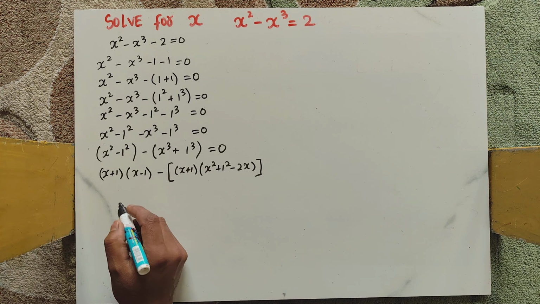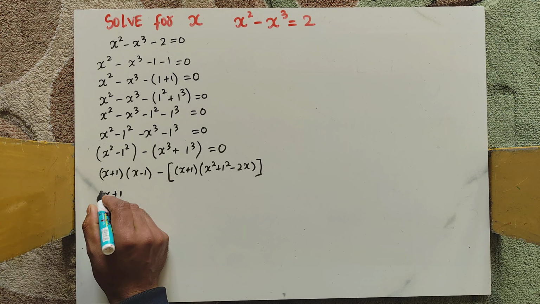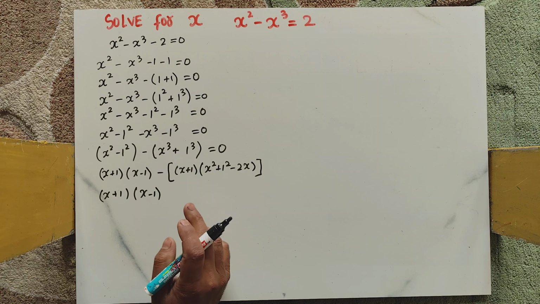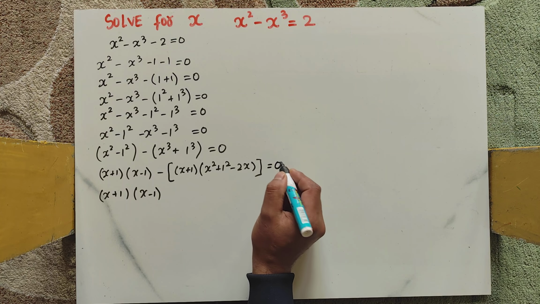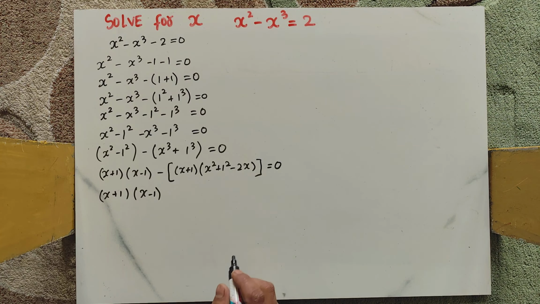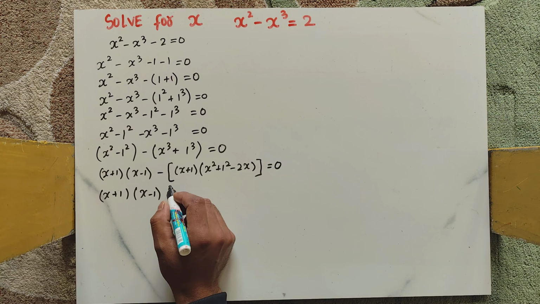Solving further, so we have (x + 1)(x − 1), and we set it equal to 0 obviously. Now rewriting this, so can I write it like this?